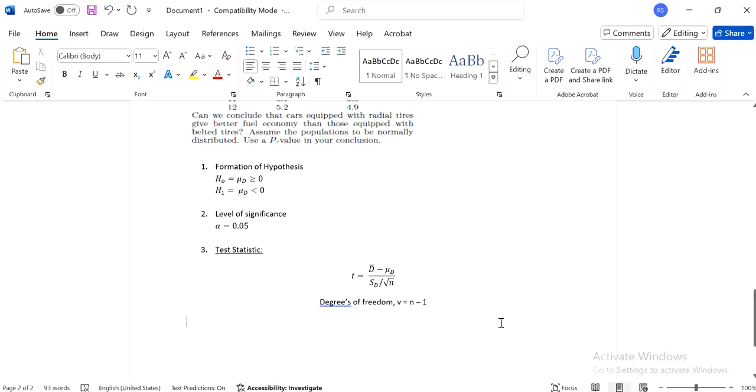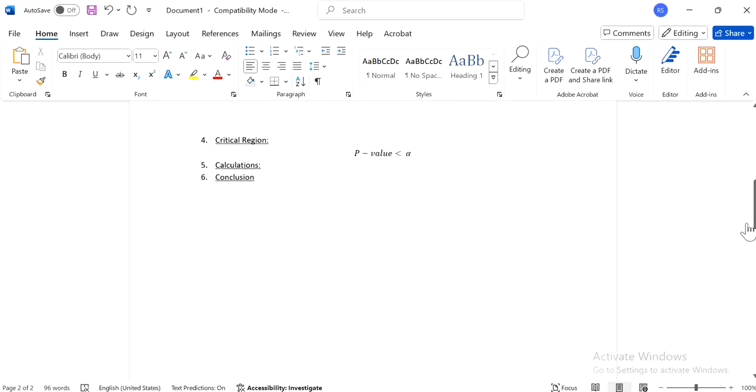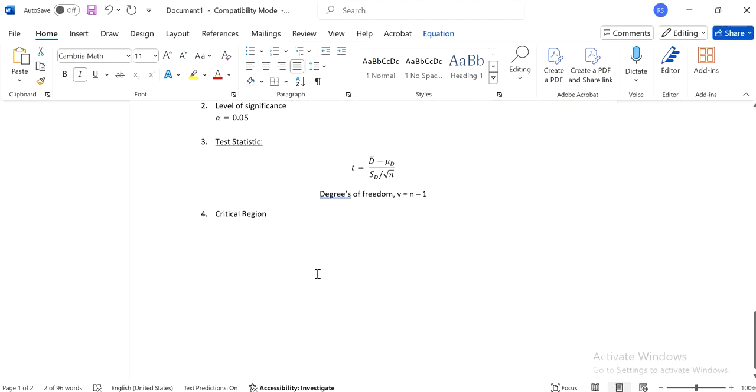In step number 4, this is the critical region. I have told you to use the p-value in your conclusion. That means you are using this critical region, the p-value. Let's move to the software and enter the data and perform this testing procedure.